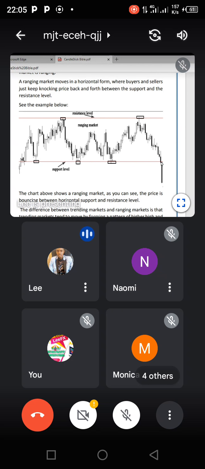Now, when you just see that the market penetrates that area, let's say you entered a buy, you are expecting it to go in for strikes, then you just see that the market penetrates that. Don't even waste time, close the trade. Is it making sense? Yes.